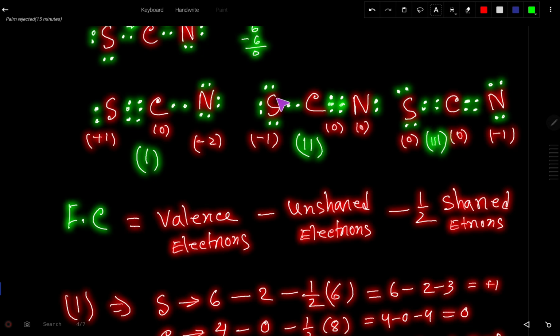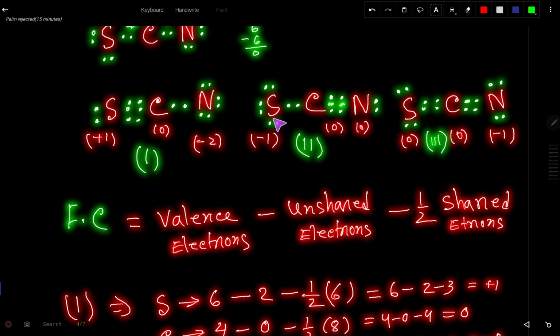In structure 2, the formal charge of sulfur is -1, carbon is 0, and nitrogen is 0. For the third structure, the formal charge of sulfur is 0, carbon is 0, and nitrogen is -1, right? Now we have to select the best Lewis structure.